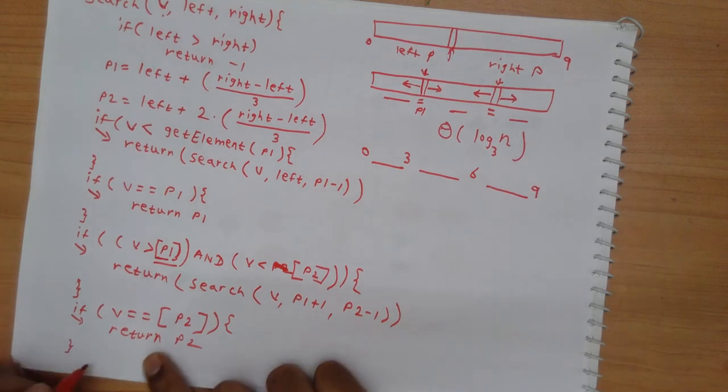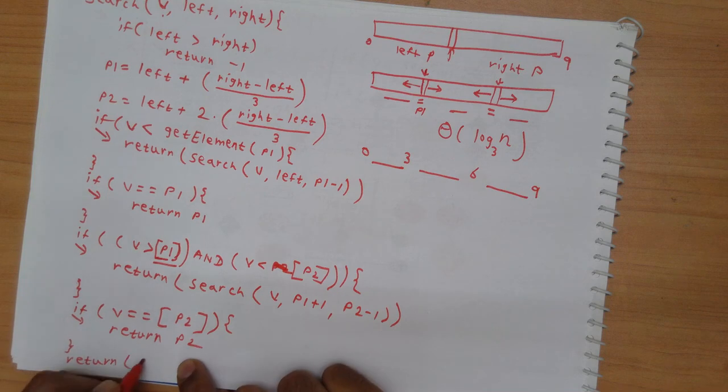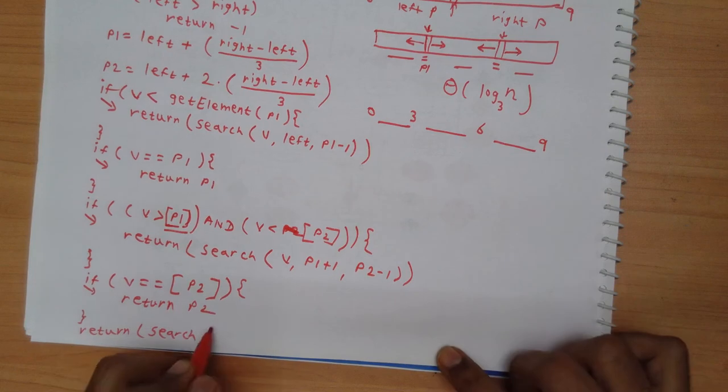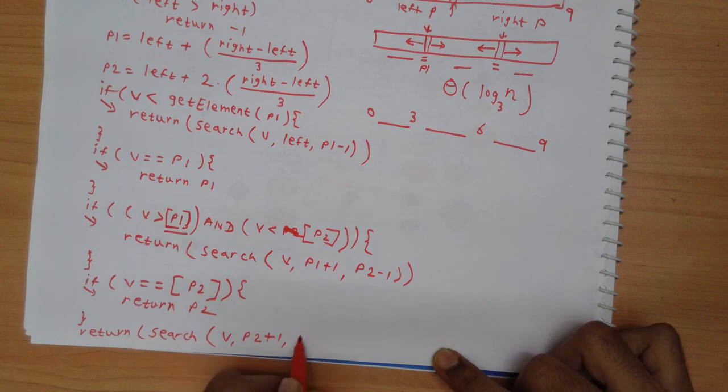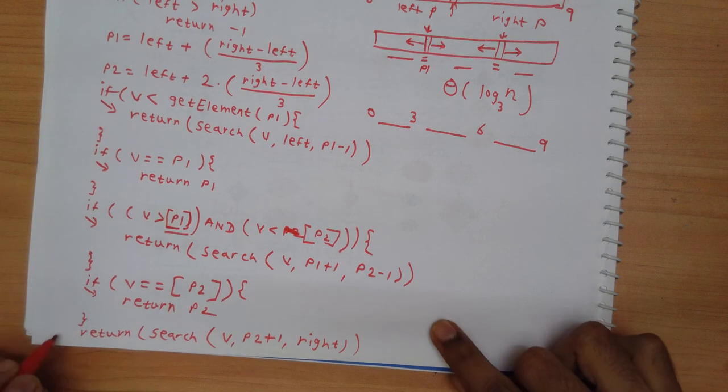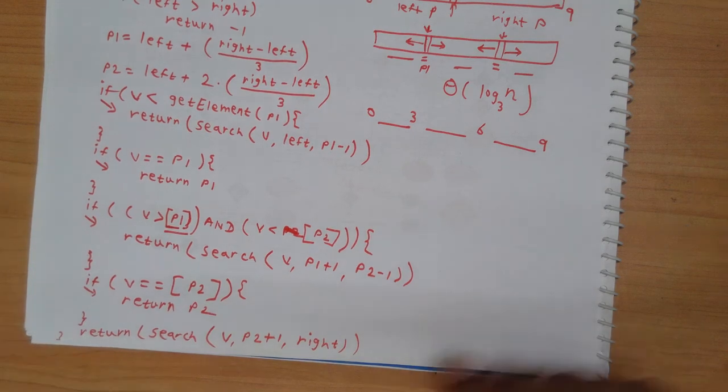So that will be my last line. Otherwise, return the result of searching in the last partition, which will be v, p2 plus 1 up to right. And that's the end of my function.